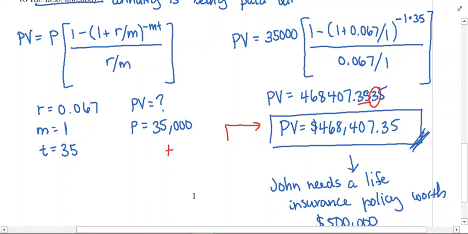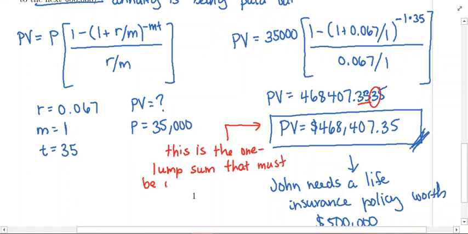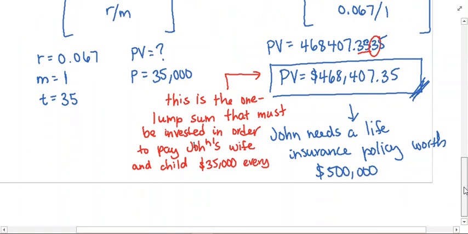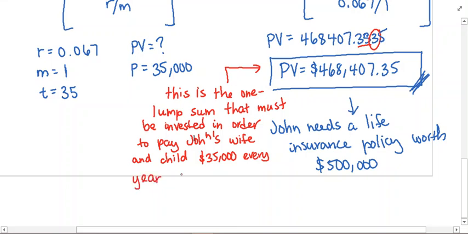This is the one lump sum that needs to be invested in order to pay John's wife and child $35,000 every year for 35 years.